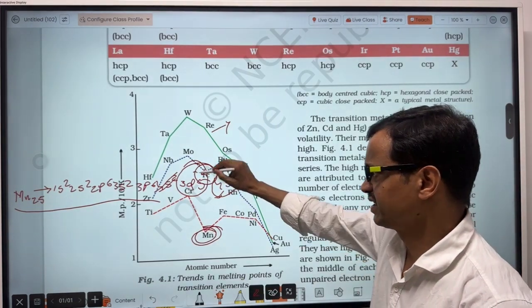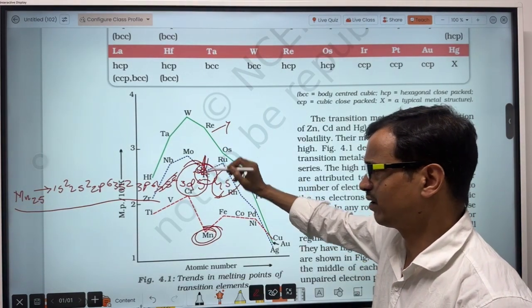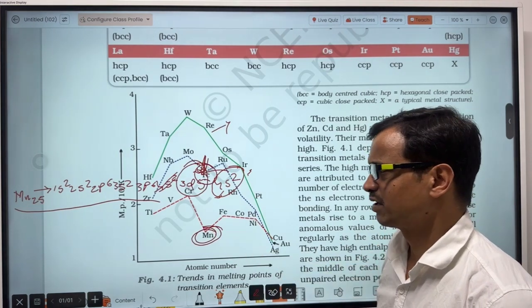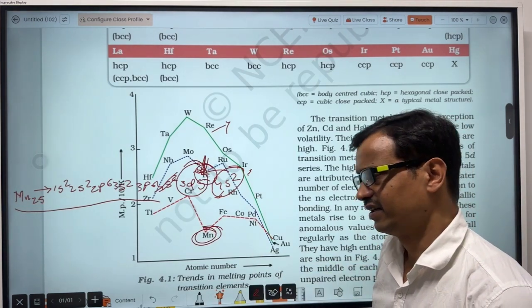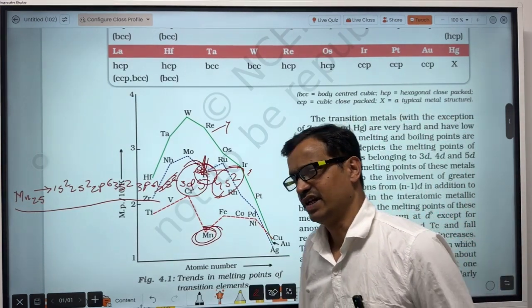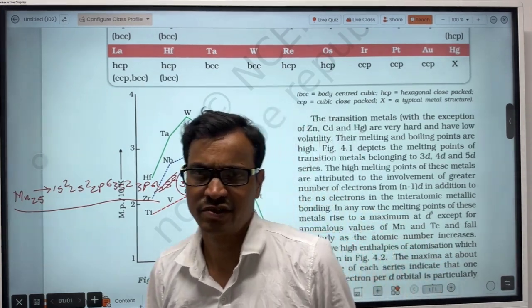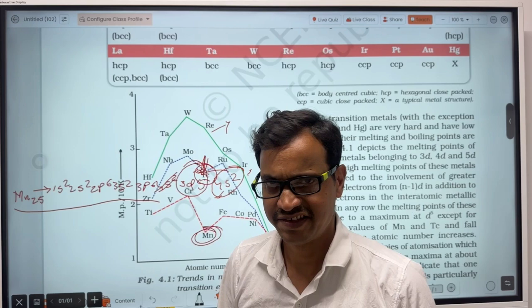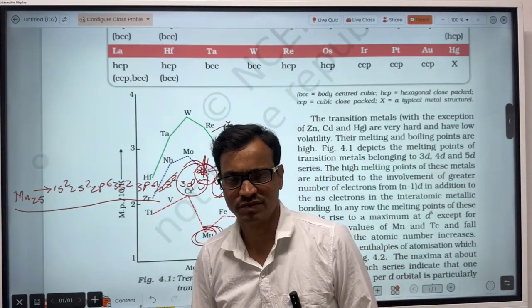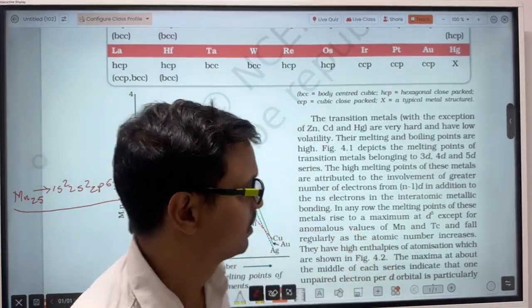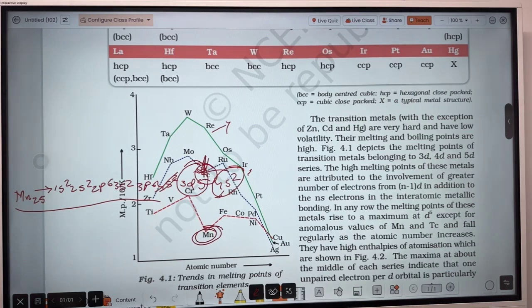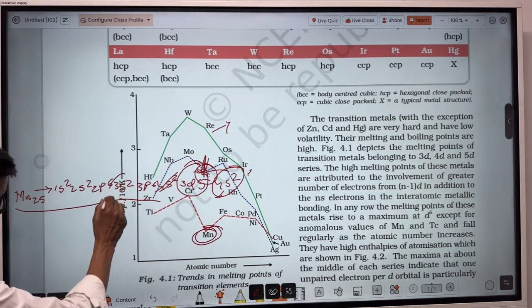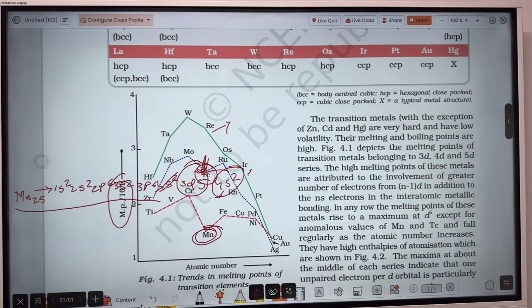So the involvement of less number of electrons in metallic bond formation will be there, and hence the strength of metallic bond will be less, so that will possess the least melting point among the D block elements.